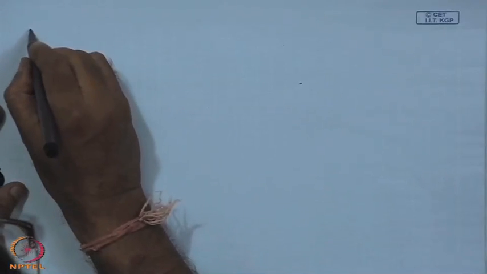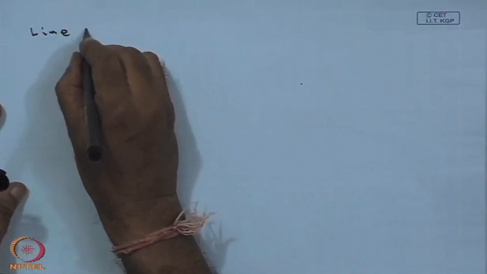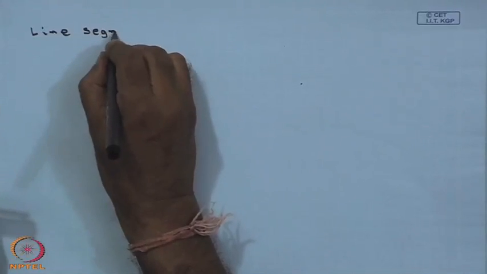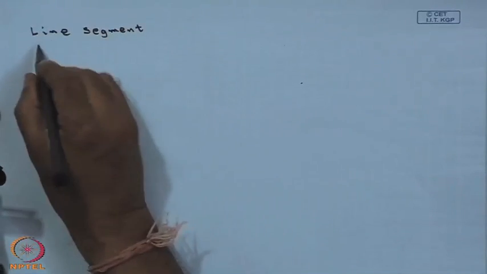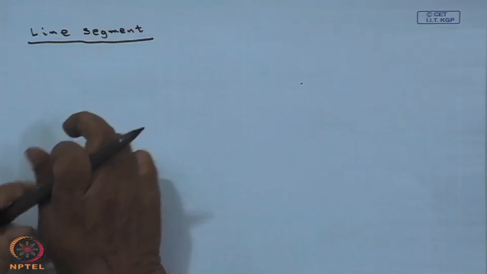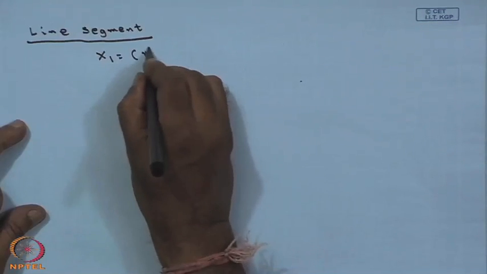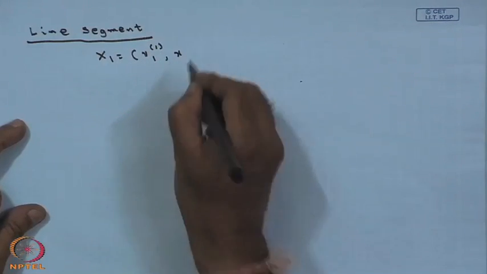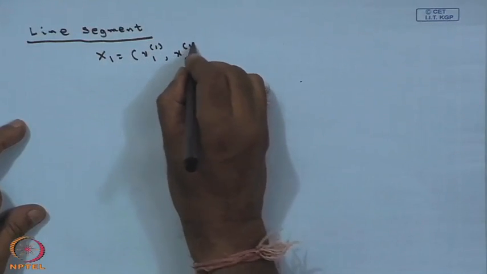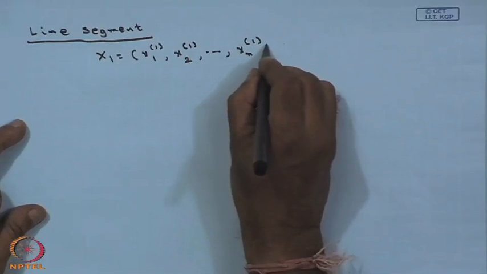One is the line segment. The line segment of any two points, say you have a point x1, which we are writing as x_1^1, x_2^1, up to x_n^1, this is one point.